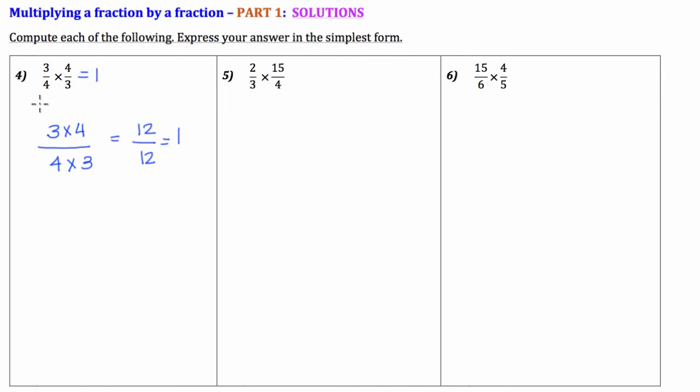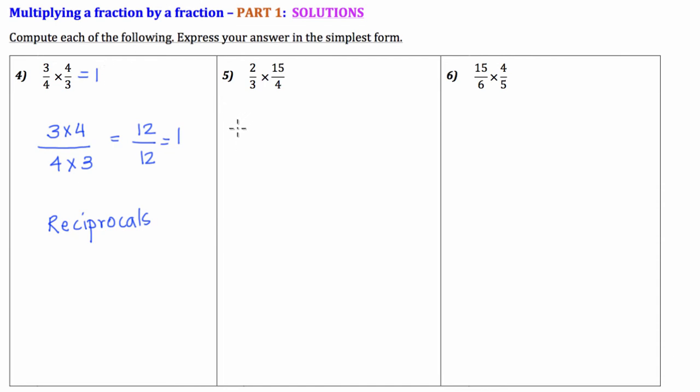So 3/4 times 4/3 gives an answer of 1. And these kind of numbers or fractions are called reciprocals. So let me write that down here. They're called reciprocals of each other because when they're multiplied by each other, they give an answer of 1.